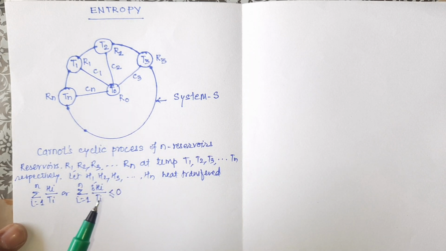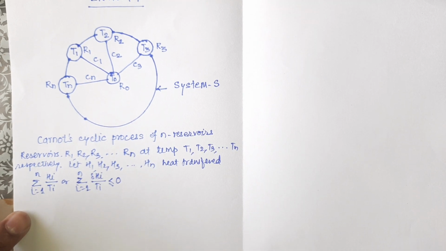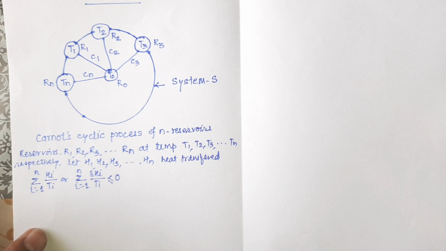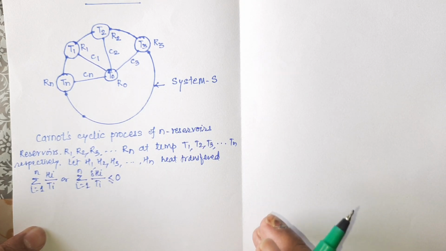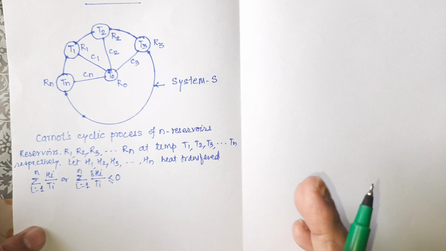And it is true for any cyclic process, may be reversible or irreversible. The heat absorbed by the system is positive and negative when the system rejects heat.